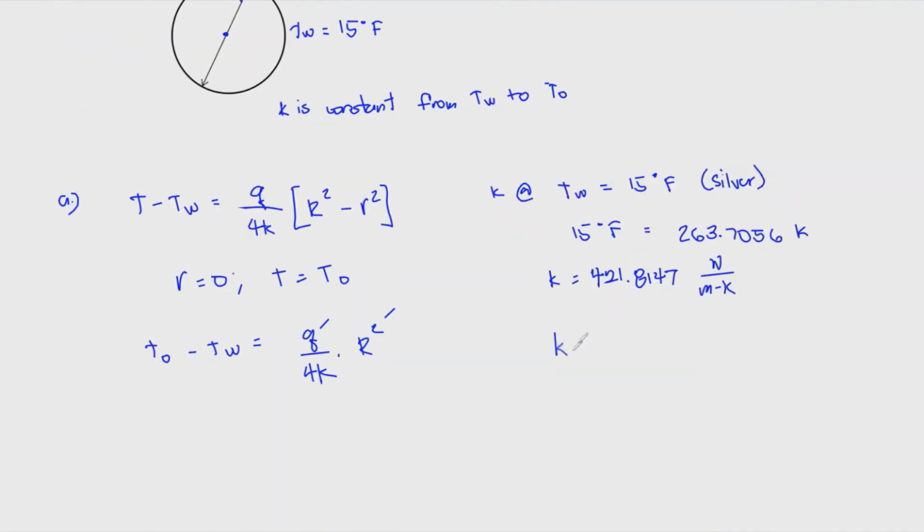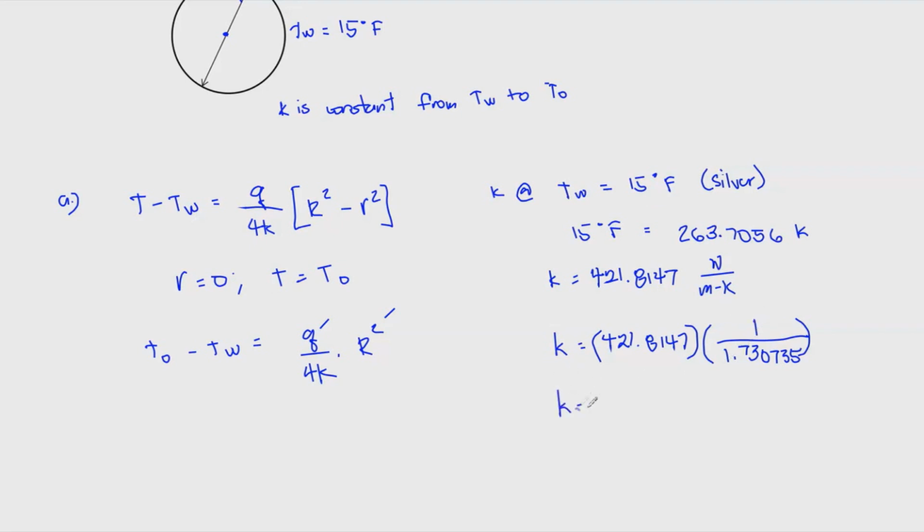So K will be divided by the conversion factor for English, which is 1.730735. Of course you can still derive all of this from BTU to calories and so on, but I will not be doing that again.